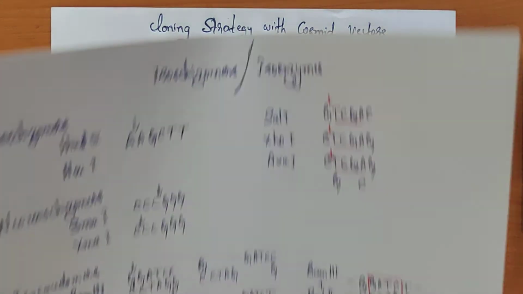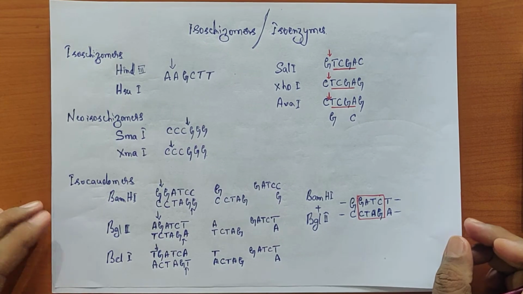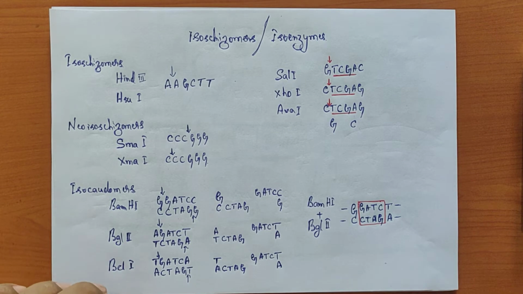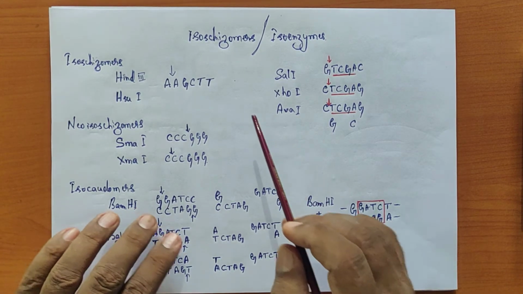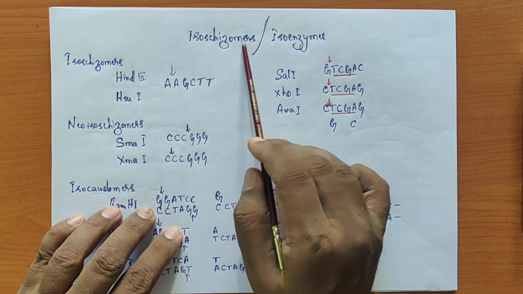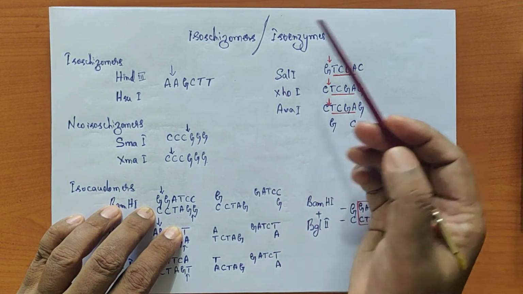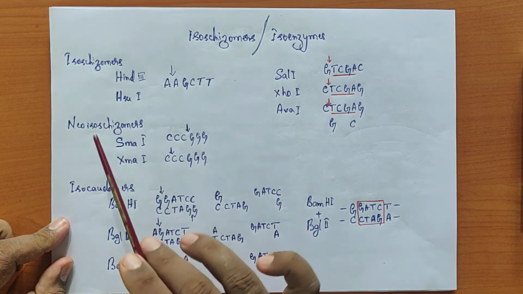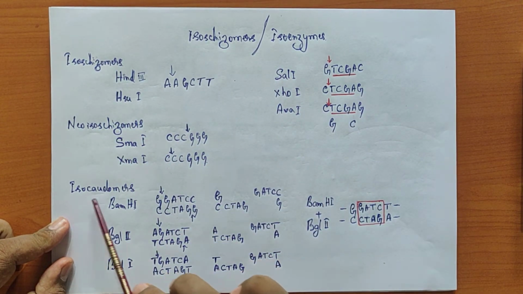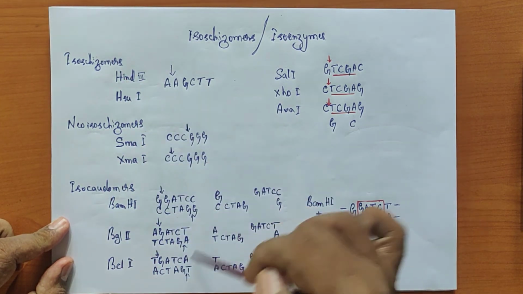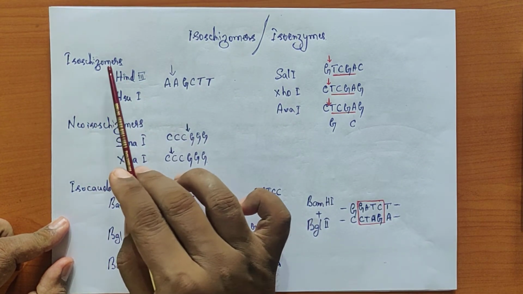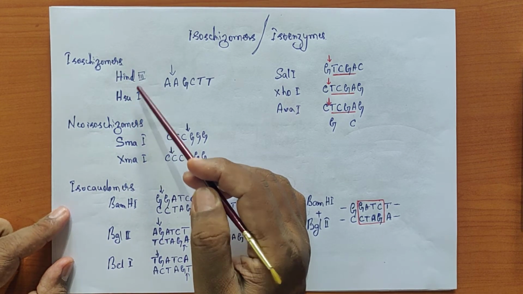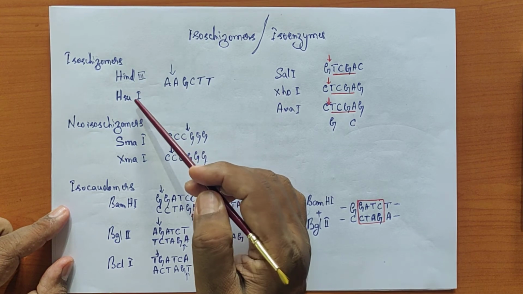using cosmid vectors, because I have to recall what we studied in our earlier class with respect to restriction enzymes. We also have what are known as isoschizomers, similar to isoenzymes. We study them as isoschizomers, neoschizomers, or isocaudomers. I will just define what they are. Isoschizomers are two different restriction enzymes isolated from two different microorganisms.